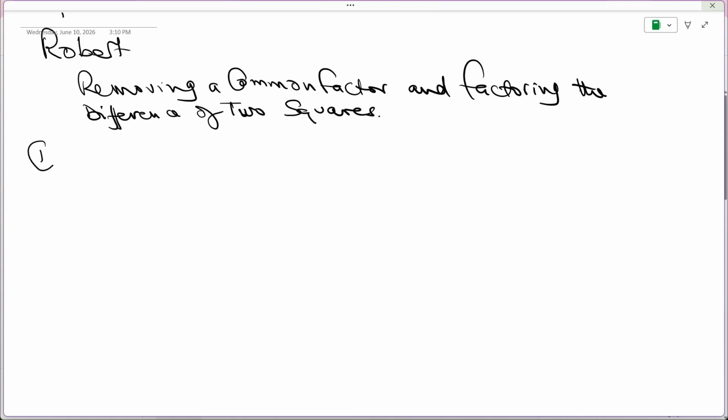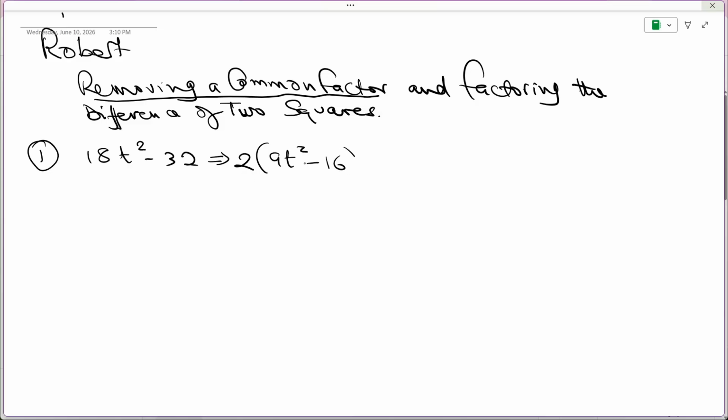Example number one. If you're given an expression like 18t squared minus 32, we can remove a common factor from this expression. And in this case, this expression will be 2 into 9t squared minus 16.